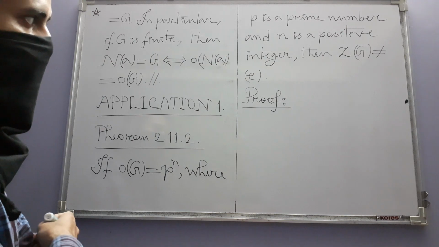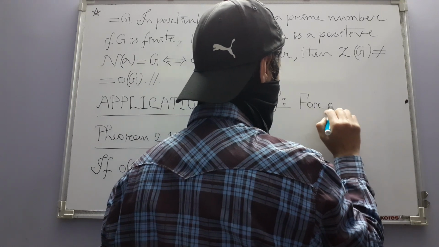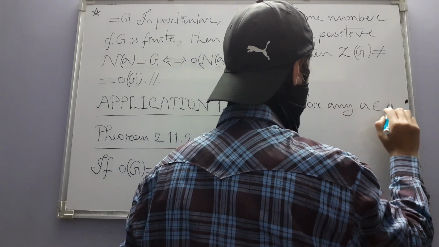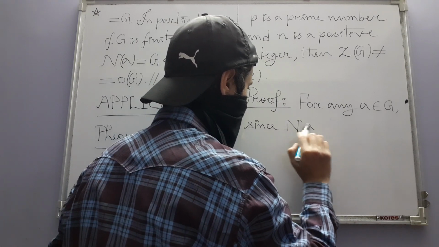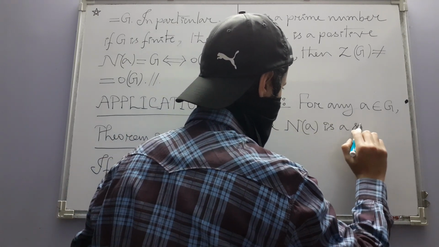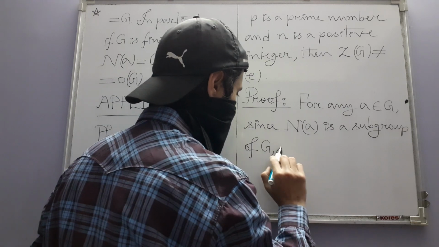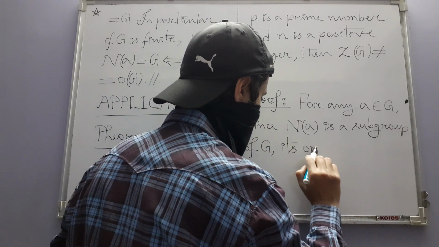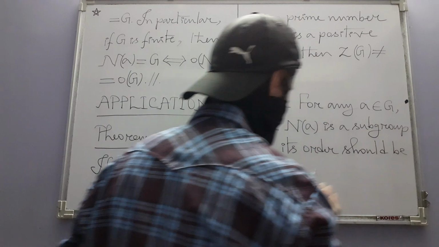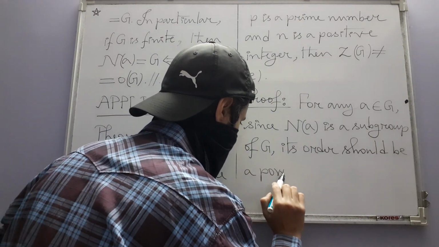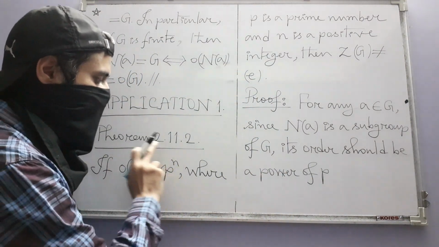So the proof is going to go like this. For any element A in G, since the normalizer of A is a subgroup of G, its order should be a power of p, because you see the order of G itself is a power of p.